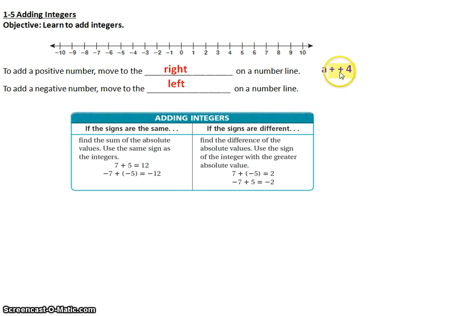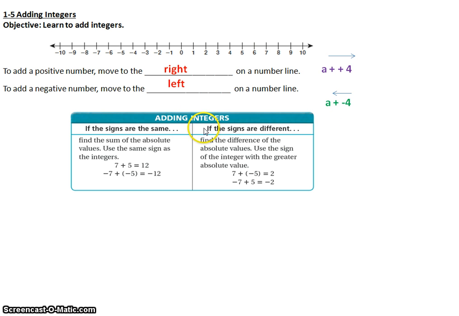When we add a positive 4 to a number, we will move to the right on a number line 4 spaces or 4 units. To add a negative number, move to the left on a number line. An example of that would be a plus a negative 4. From a, if we add a negative 4, we will move 4 spaces to the left on a number line.